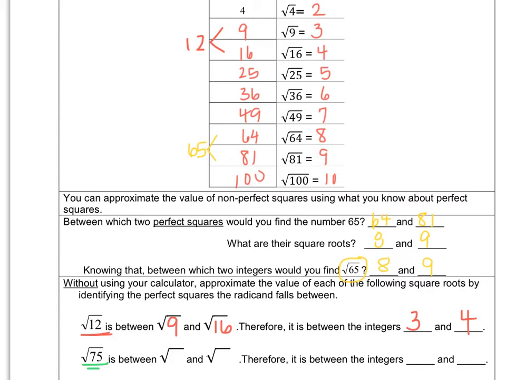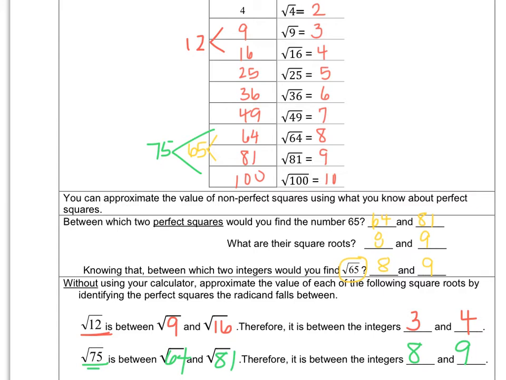So 75 is also between those two numbers. It's between the square root of 64 and the square root of 81. The square root of 64 is 8. The square root of 81 is 9. So the square root of 75 is between 8 and 9.